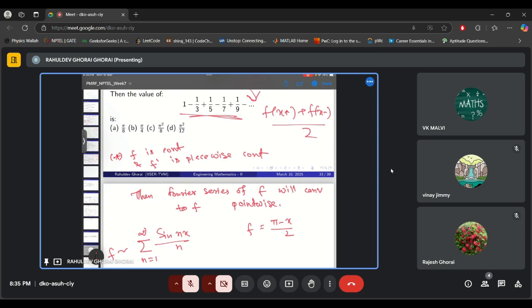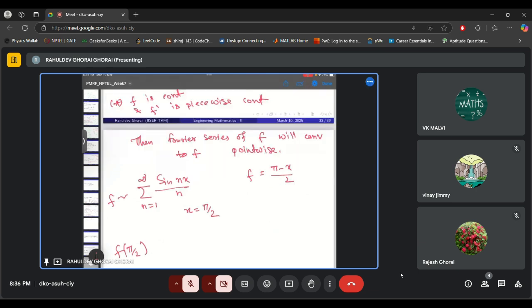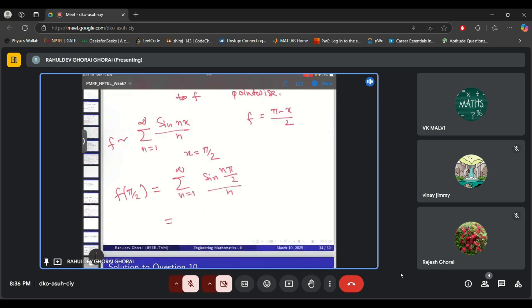See, then f at pi by 2 should be the sum for n equals 1 to infinity of sin(n pi/2)/n. Now what is this when n equals 1? sin(pi/2) over 1, plus sin(2 pi/2) over 2.